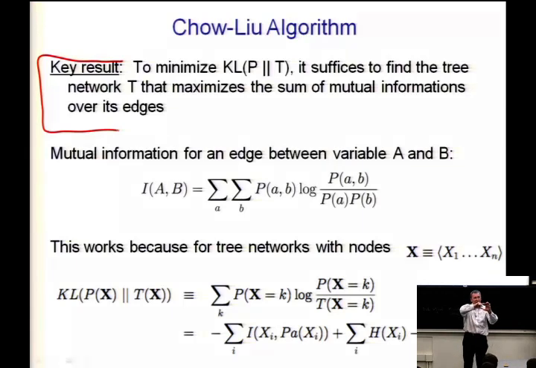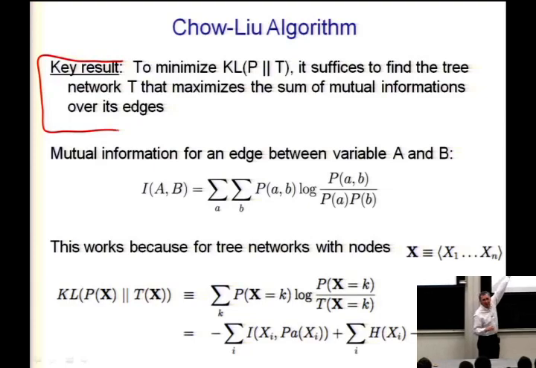If we add up for each edge the mutual information between the two variables the edge connects, and then we sum all the mutual informations for each of the edges in the tree, what we want is the tree that maximizes the sum of those mutual informations. Sum over all edges in the tree of the mutual information associated with that edge. Maximizing that turns out, for tree structured networks, to be equivalent to minimizing the KL divergence between the true distribution and the one that we can represent with the tree.